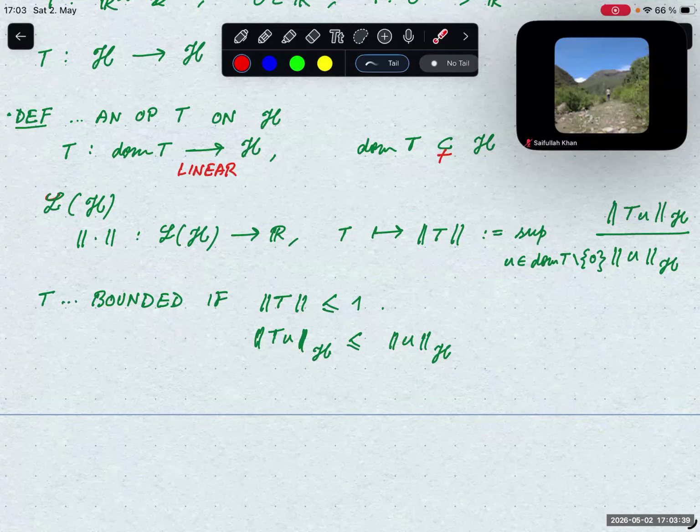Any positive constant, of course. In general, it should be infinity. I mean, I shouldn't write 1, but thanks for this question.